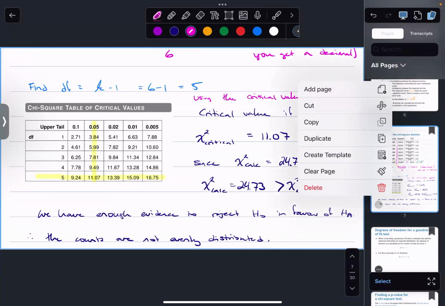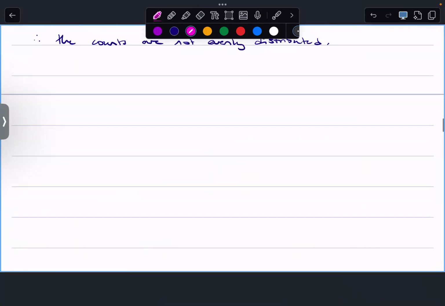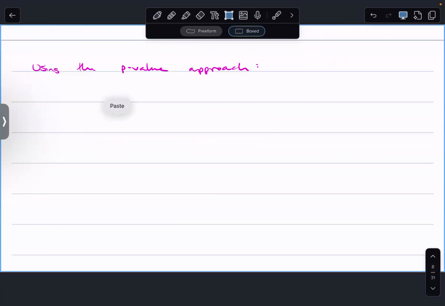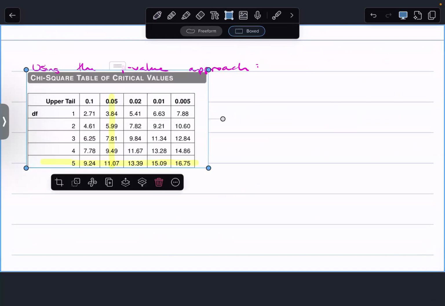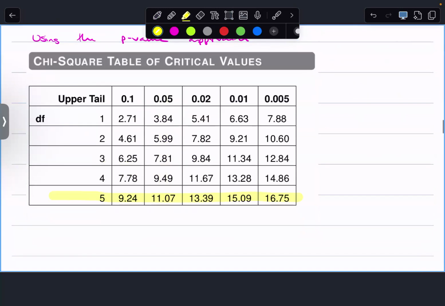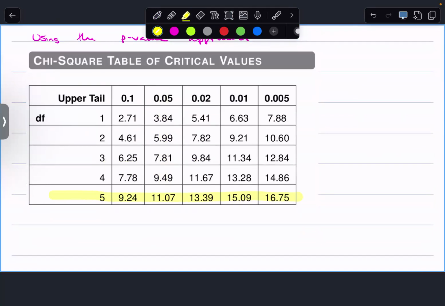But let's also do the p-value approach. So now same thing, but using the p-value approach, which is the one we're more familiar with. Copy this. Paste. Okay. I still have 5 degrees of freedom, and I calculated my chi-squared.